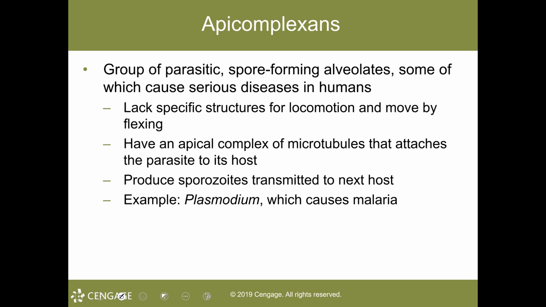With the apicomplexans, class, well, the apicomplexans, as they are known, are responsible in many cases for what is known as causing malaria. So what happens is the sporozoites, yes, I said the sporozoites, are those small infective agents that are transmitted, class, to the next host by way of the vector.